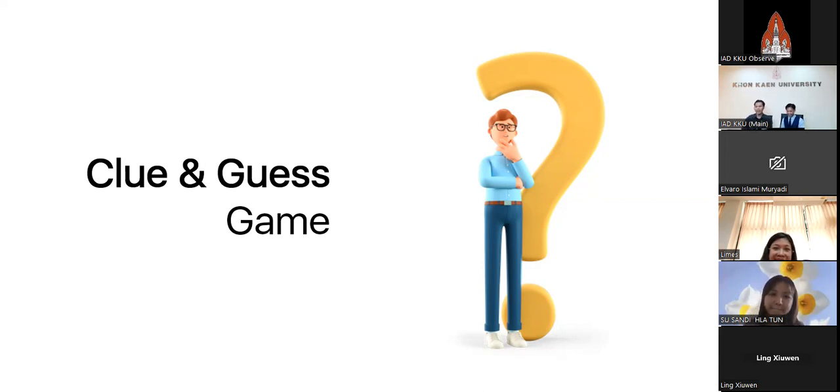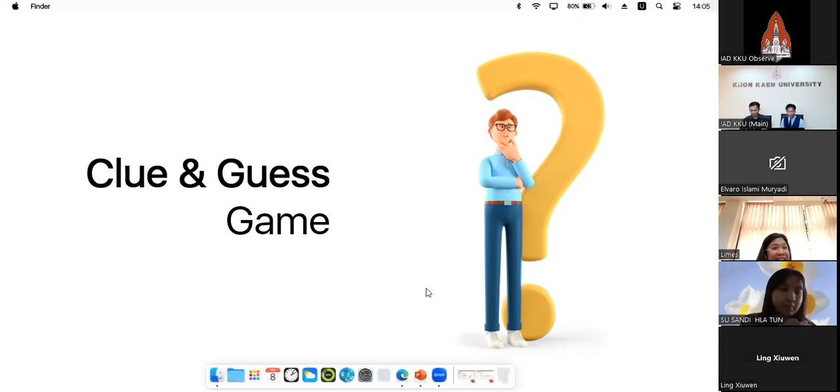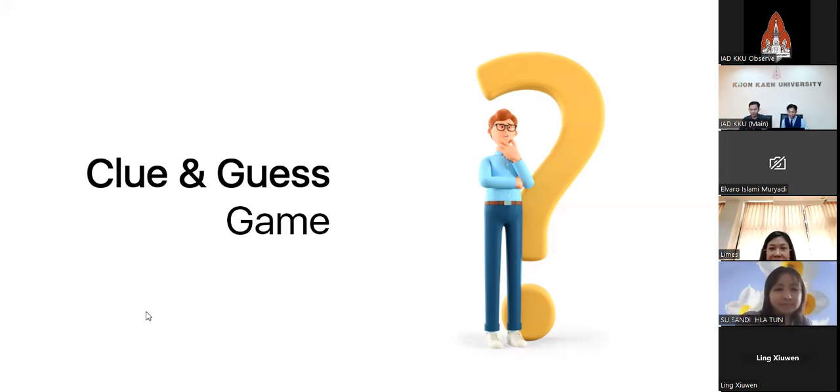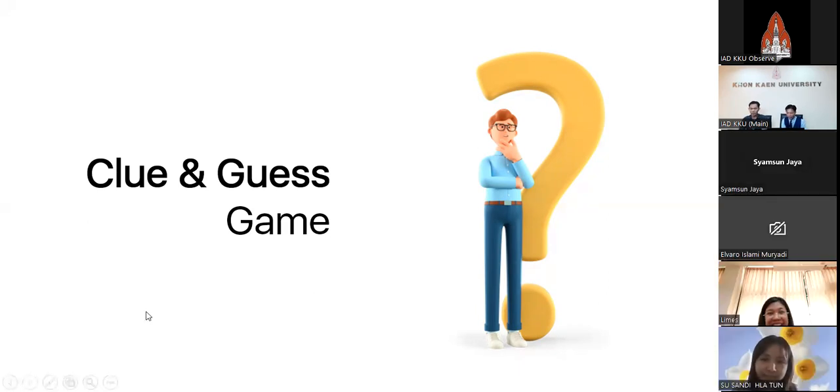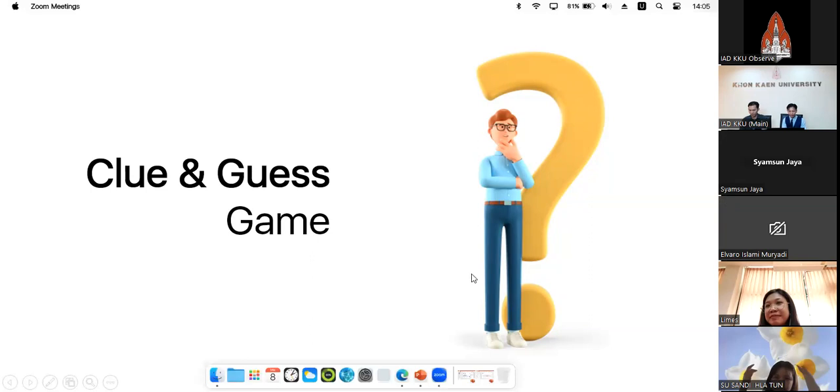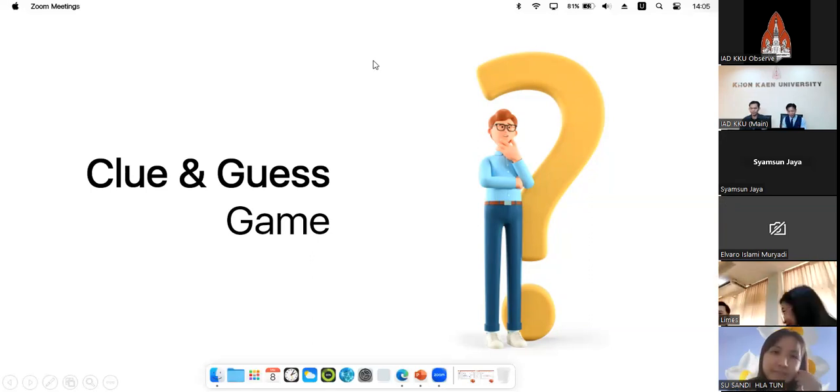Let's start. I will choose a person here. Guys, if you get a message from Mr. Syamsun Jaya, you can open your camera and try to give a clue, because we want to play clue and guess, something like that.